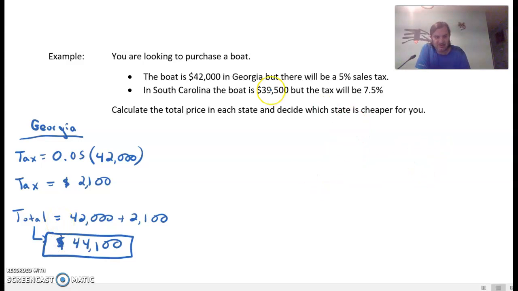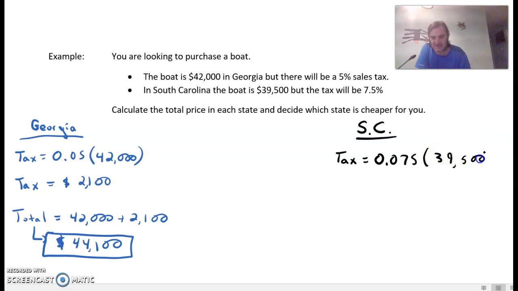So let's come over here and let's do South Carolina. We'll abbreviate. So we're going to calculate the tax first. 7.5% will be 0.075, and that'll be times the price, $39,500.